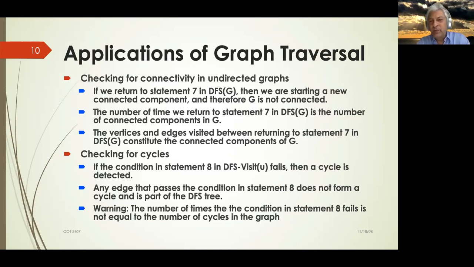Now, it turns out that you cannot use this to count the number of cycles or things like this, but you have to be a little bit careful here. There are some fairly complex problems that you might think you can solve with this, but it doesn't necessarily work.